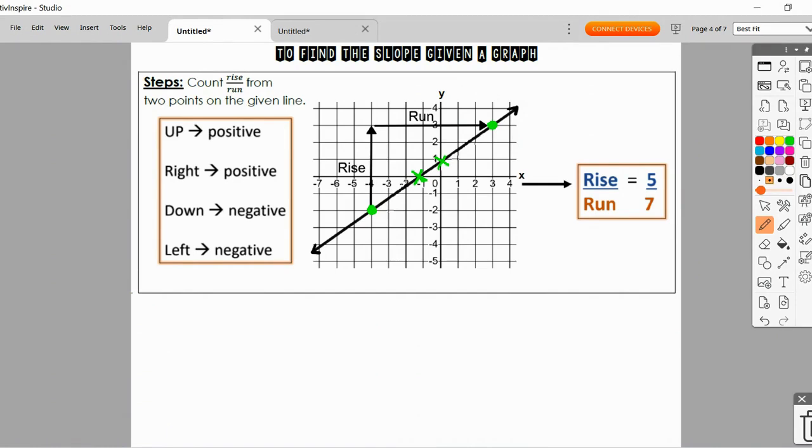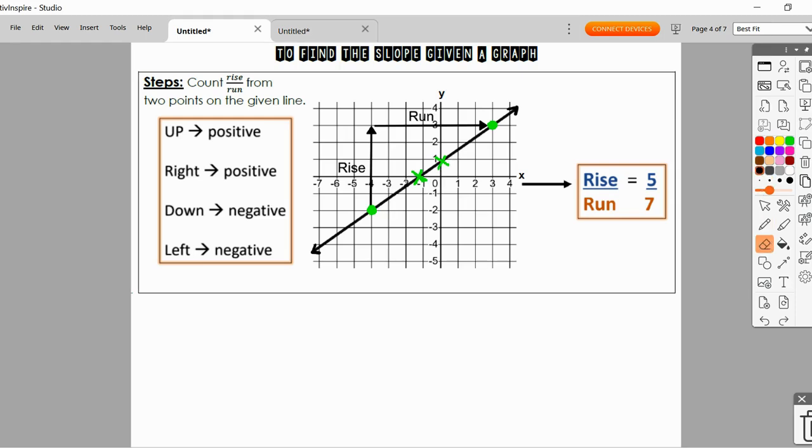It would be a decimal, not perfectly lying on a whole number for the x and the y. It's really great, this key over here, to remember that if I move up and right, those directions will always give me a positive number. When I move down or left, those movements will always give me a negative number.